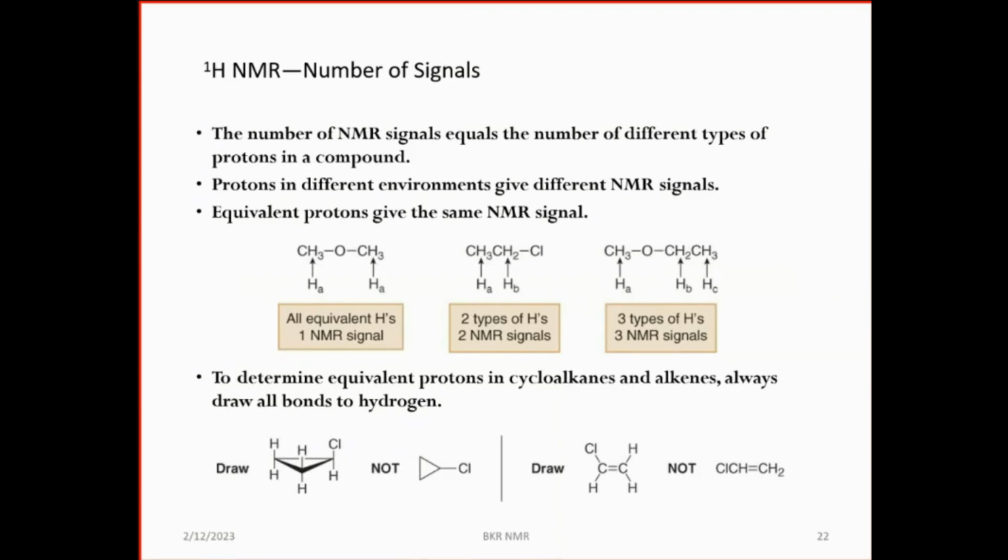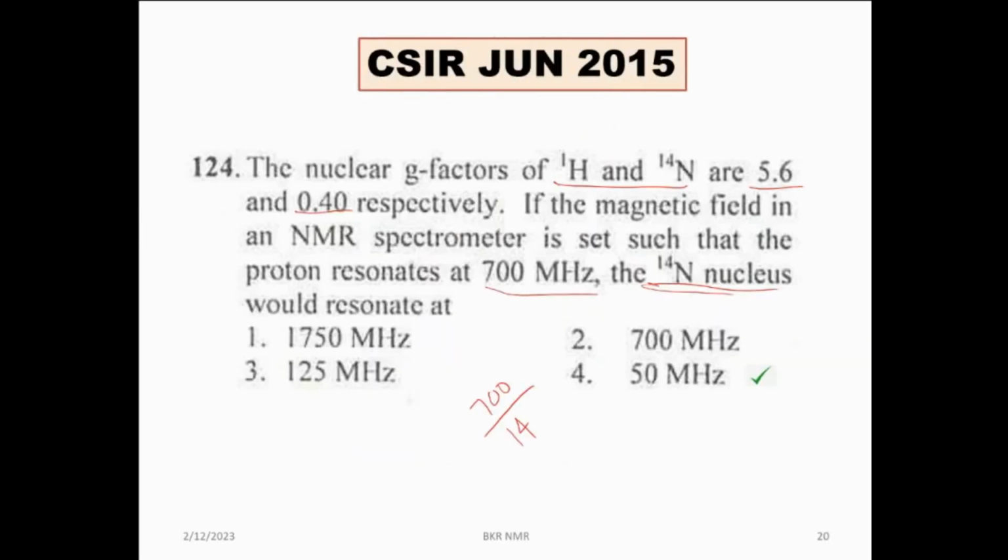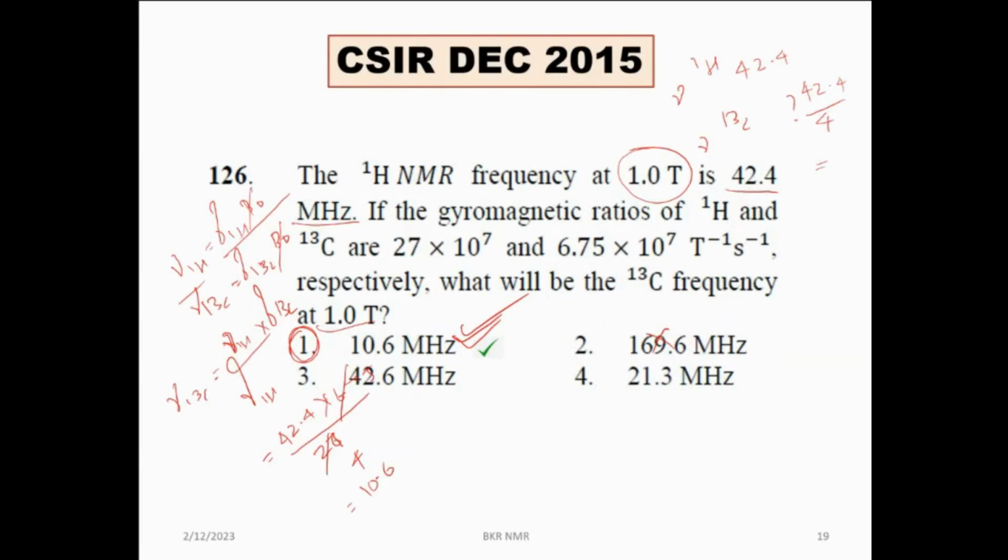Okay, now I will ask you a question. Let's see if you can answer. At 1 Tesla, the frequency of the proton is 42.4 megahertz. What will be the frequency for fluorine? If this is a question, what will be your answer?